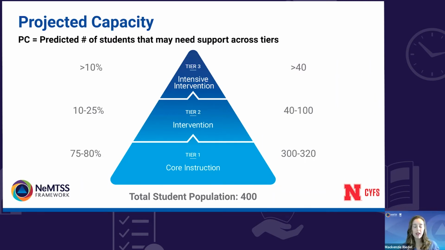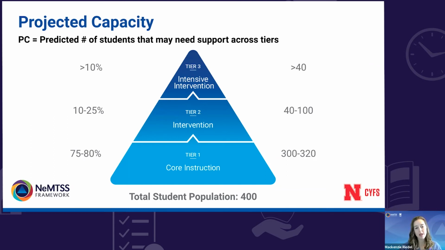In tier 1, that core instruction, all students get core tier 1 instruction. 75 to 85% of those students ideally would have their needs met with that instruction, which in a school of 400 would be about 300 to 320 students. Like I mentioned earlier, this is really just a frame of reference or a grounding number. It does not take into consideration any specific needs for your school or your building. So this is really just something to help you conceptualize what those numbers might be.